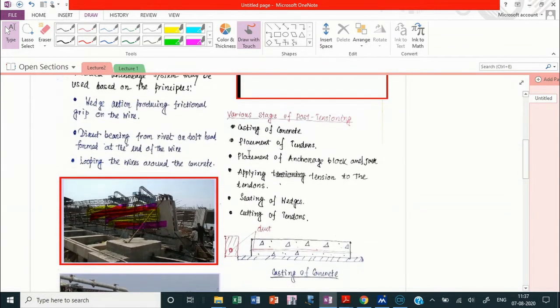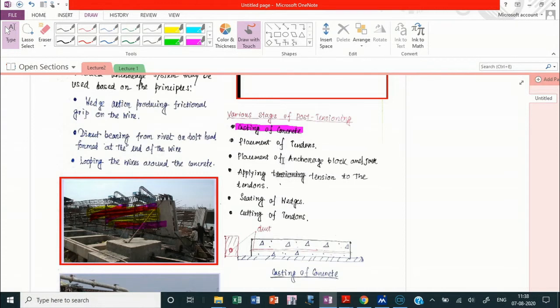Just like in a pre-tensioning system, in the case of the post-tensioning system also there are various stages. First of all is the casting of concrete. You need to cast the concrete first into the mold, and before casting you have to ensure the ducts are provided.